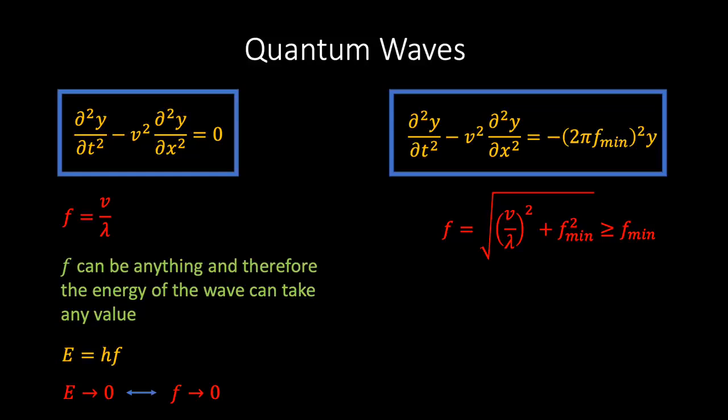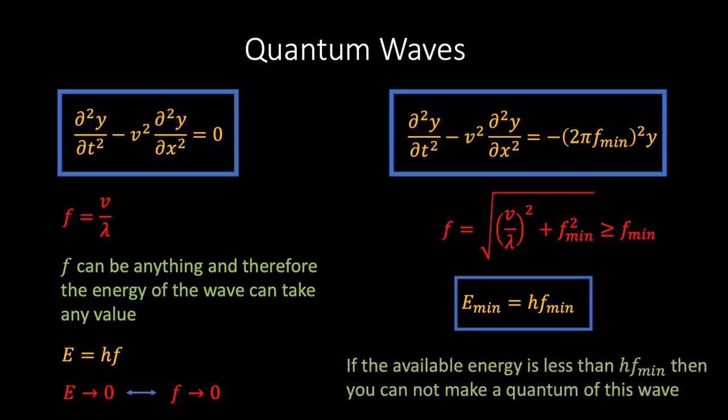In particular, we see that the minimum energy of a single quantum is Planck's constant times the minimum frequency. And it follows that if the available energy in our system is less than the minimum quantum energy, then you cannot make a single quantum of this type of wave. And this simple fact is going to play a crucial role in our analysis of quantum fields.